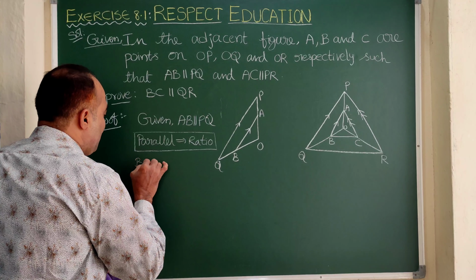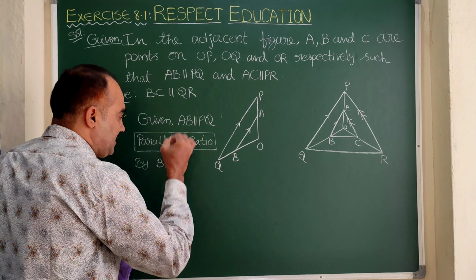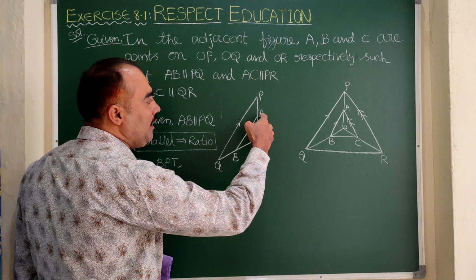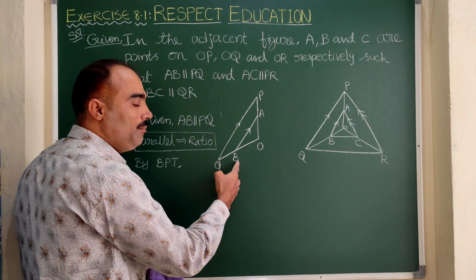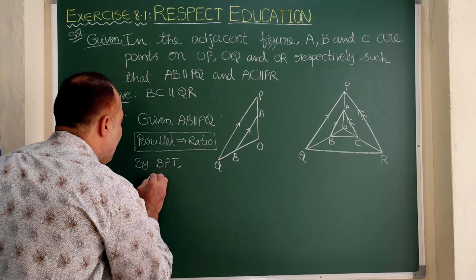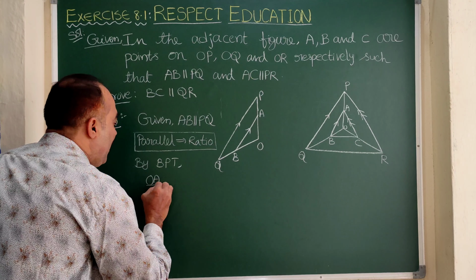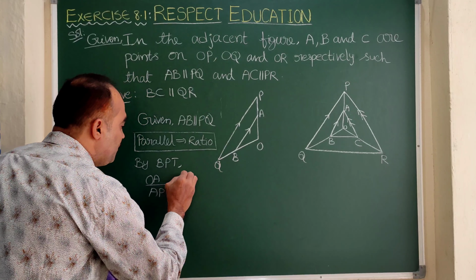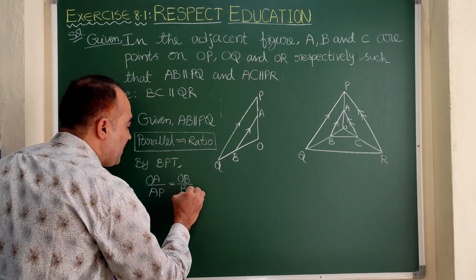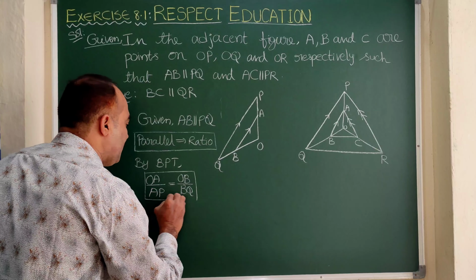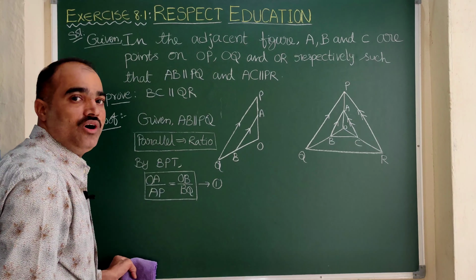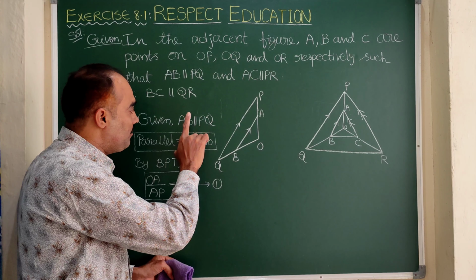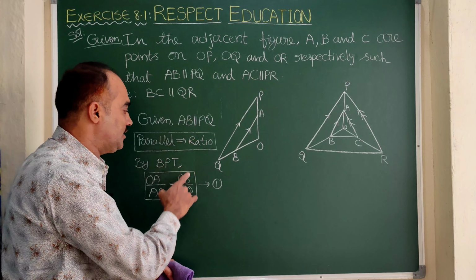So by basic proportionality theorem, by BPT, we can write OA by AP is equal to OB by BQ. Let us take it as equation number 1. This is what earlier I have told you, that if our journey starts from parallel, we need to reach to ratio.